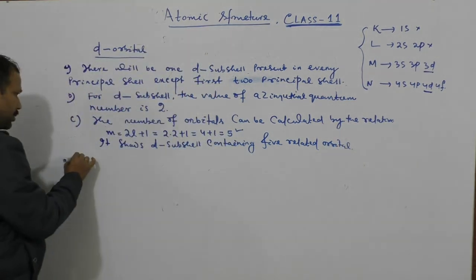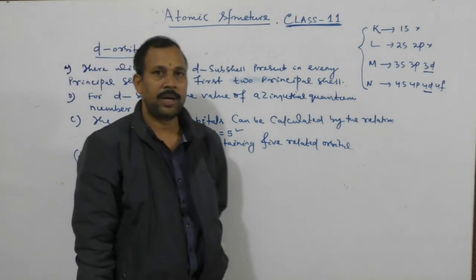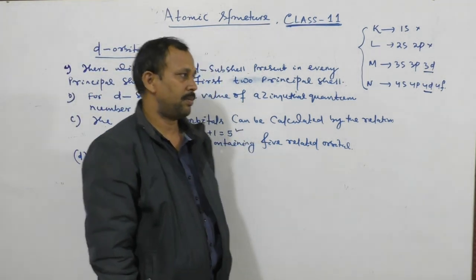Next, for 5 related orbitals, what are the values for magnetic quantum number?